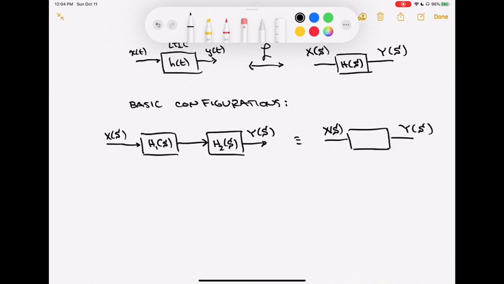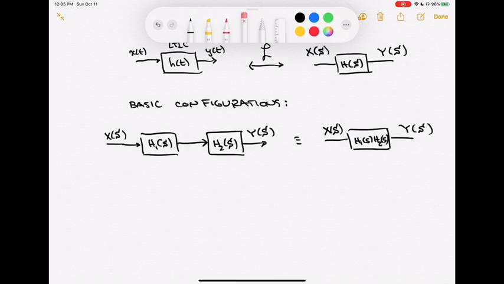In the time domain, with systems in cascade, the overall impulse response would be the convolution of each individual impulse response, so h1 convolved with h2. If I transform that, the convolution becomes multiplication, and now our transfer function is easy: H1 of S times H2 of S.